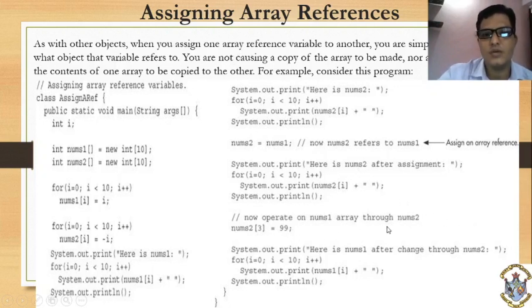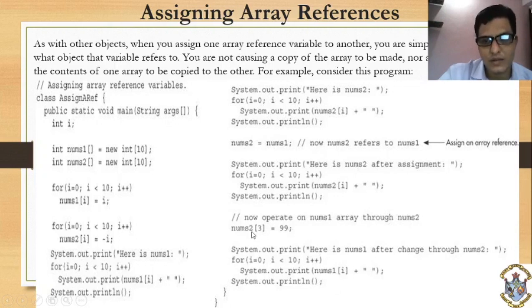Afterwards, you are modifying a location value in nums2, nums2 of 3. The third location consists of 3, right? Yes, it is a 3, and you are replacing that 3 with 99. After replacing it through the nums2 variable, you display the values of nums2 by using nums1.